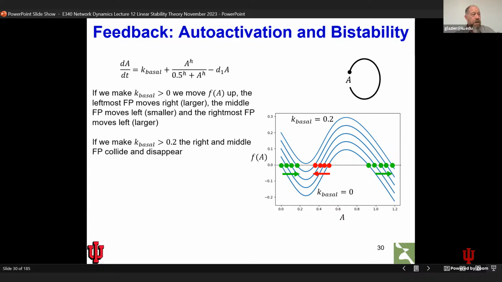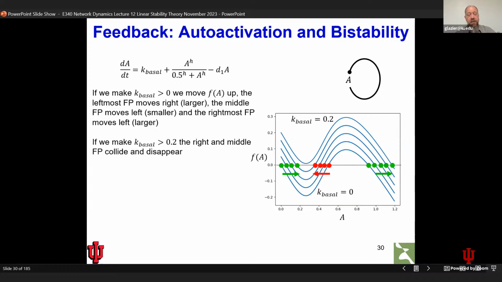If I make k-Basal too big, specifically at a value of 0.2, that unstable and that stable fixed point collide. That lower branch of my curve, that dip, doesn't cross the x-axis anymore. And so the two lower stable and unstable fixed points collide, and we say they annihilate each other.